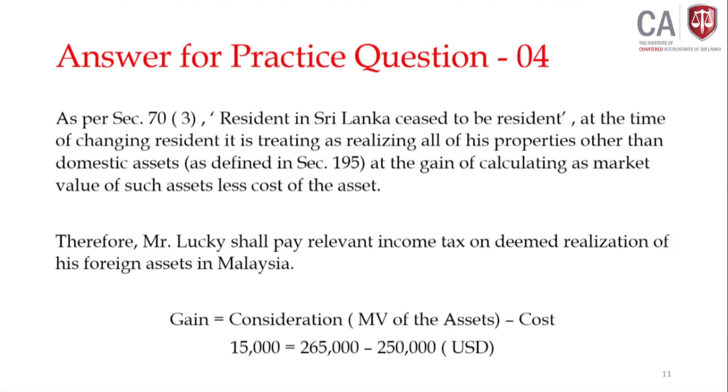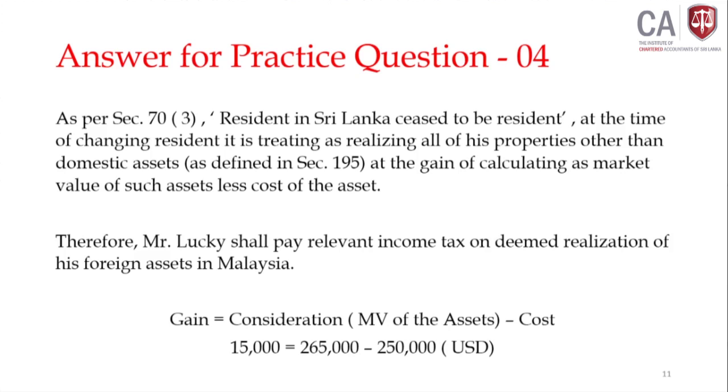Done. Therefore, Mr. Lucky shall pay relevant income tax on deemed realization of his foreign assets in Malaysia. Under the US dollar value, consideration minus cost, that means the market value of the asset at the time of realization is 265,000, and the cost is 250,000.